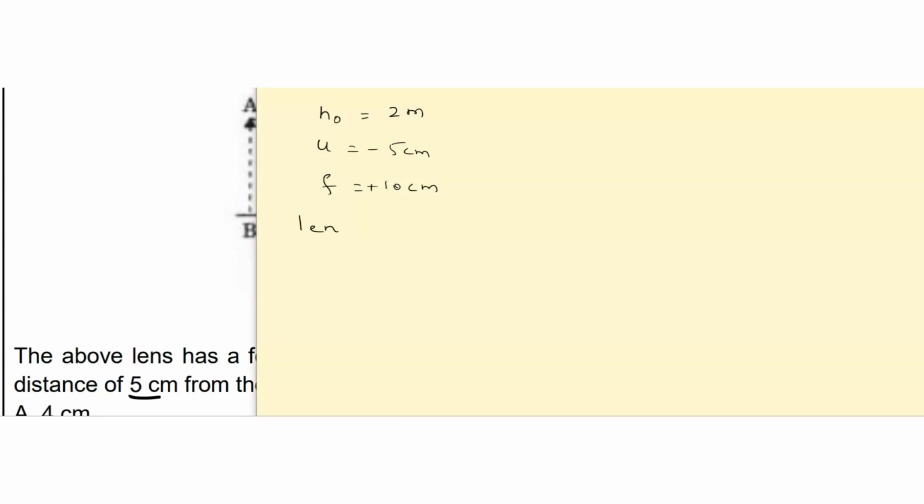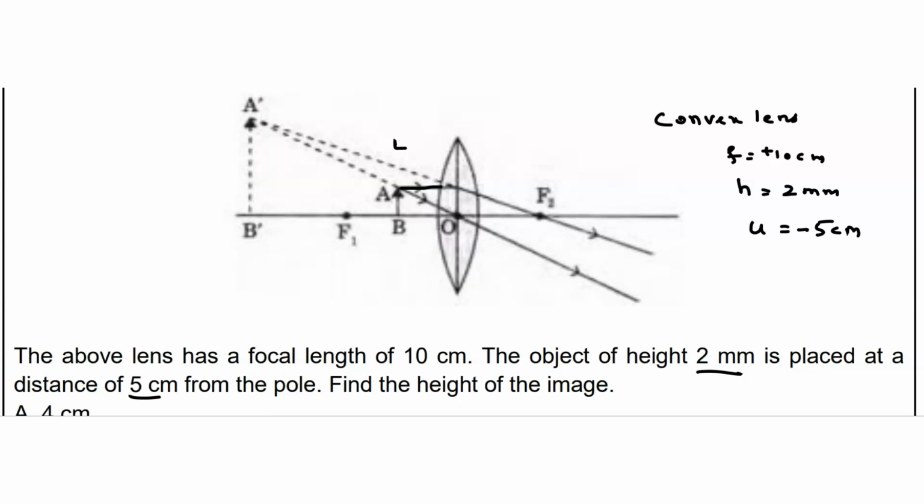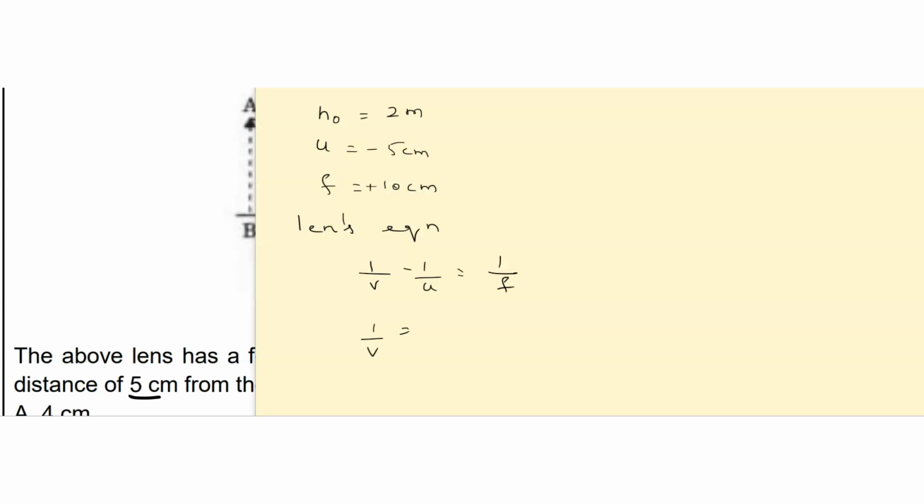Now we use this lens equation, which is 1 by V minus 1 by U is equal to 1 by F. 1 by V we need to find. So I'm bringing this negative 1 by U to the other side, so 1 by V is equal to 1 by U plus 1 by F. Let's substitute this.